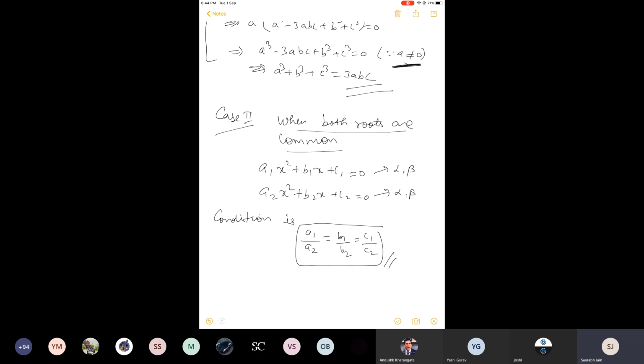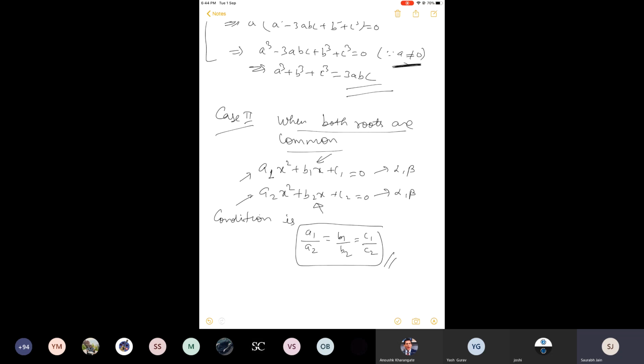Corresponding coefficient means similar kinds of coefficients. The coefficient of x square in the first equation is a1, and in the second equation is a2. So their ratio is a1 by a2. Then the coefficient of x in the first equation is b1, in the second equation is b2.